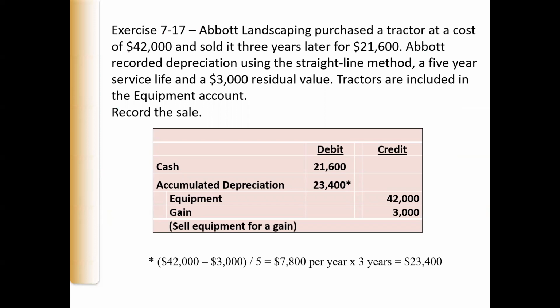Tractors are included in the equipment account. How do we show the sale? We want to get rid of the tractor, credit that account. We want to debit our accumulated depreciation account. We show the cash we sold it for. And the difference is going to be a gain.